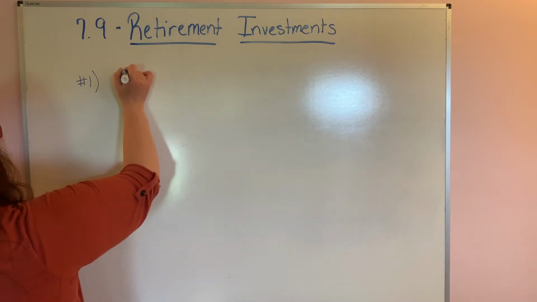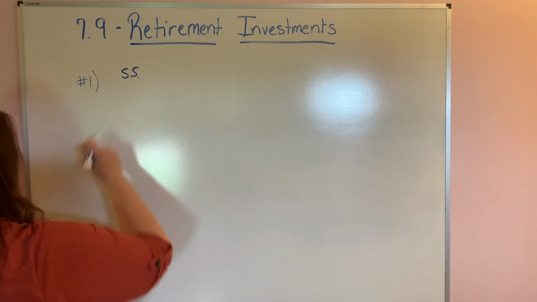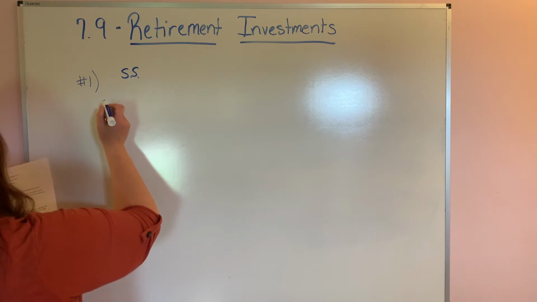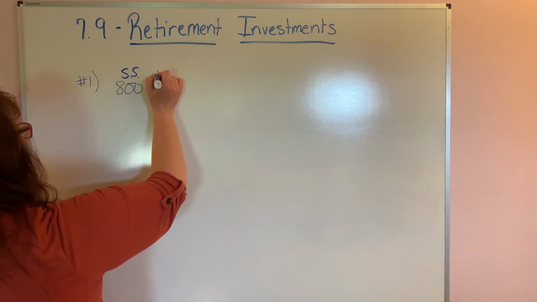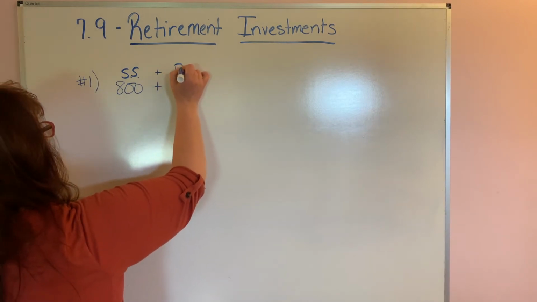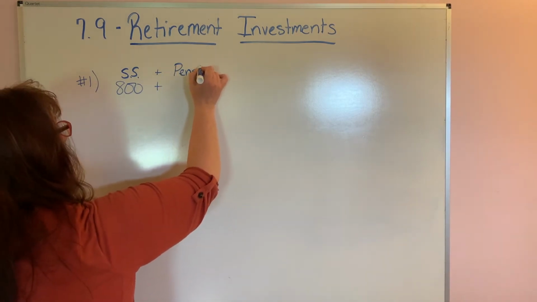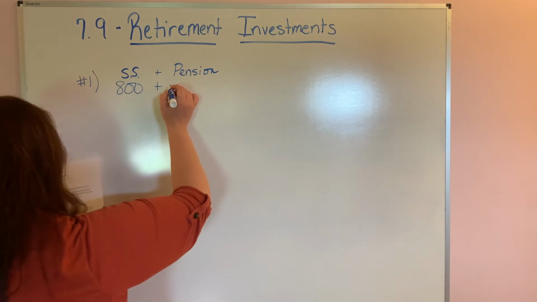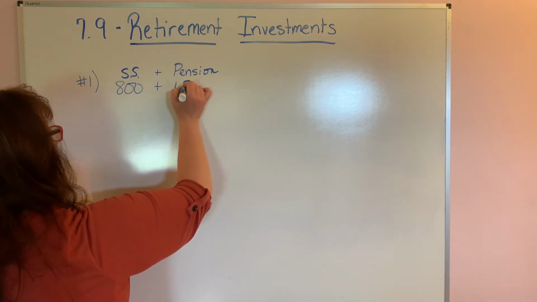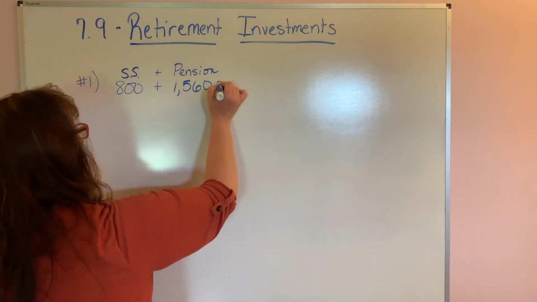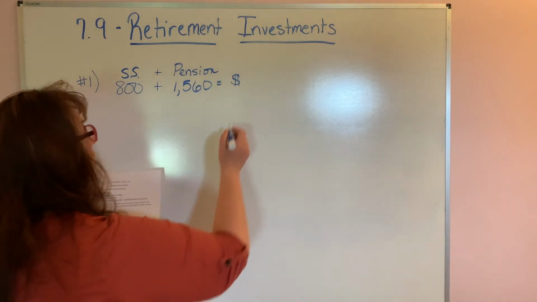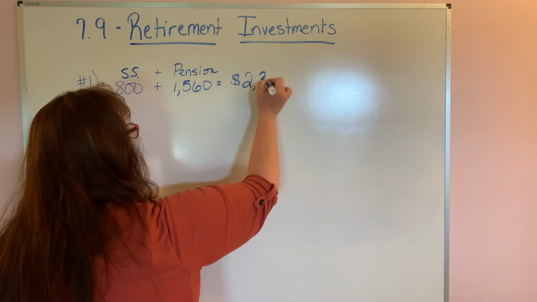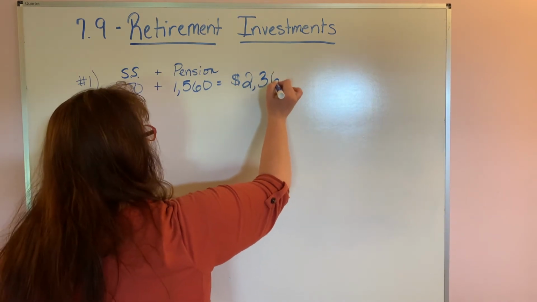So his Social Security was $800, and he's going to get from his pension $1,560. So together between those two things, he's receiving $2,360 a month.